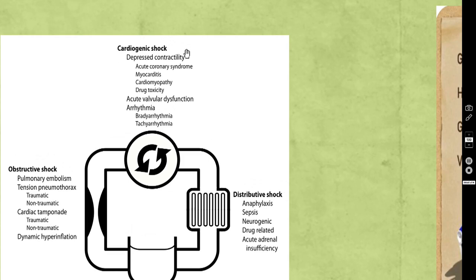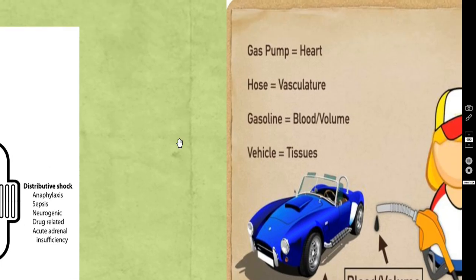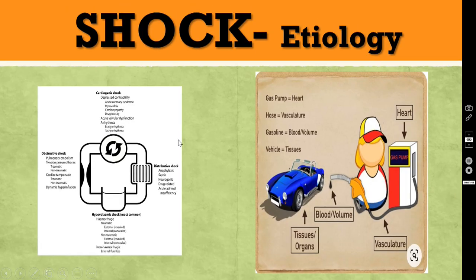Coming to cardiogenic shock, this is because of depressed contractility of the heart, acute valvular dysfunction, or arrhythmia, either bradyarrhythmia or tachyarrhythmia. So those are the various causes of shock.